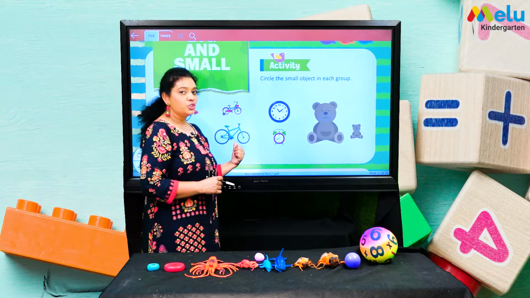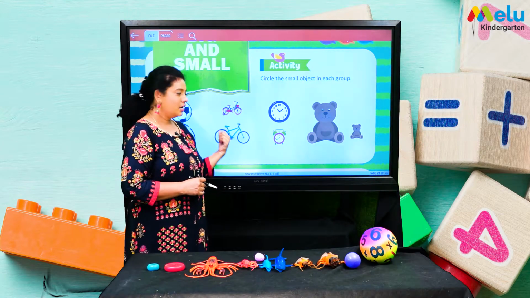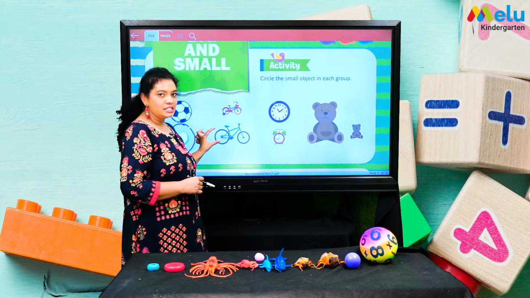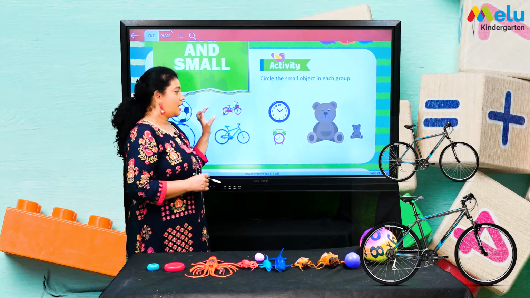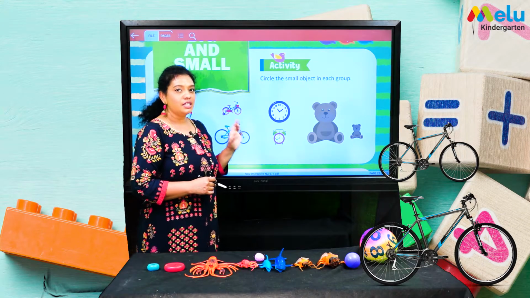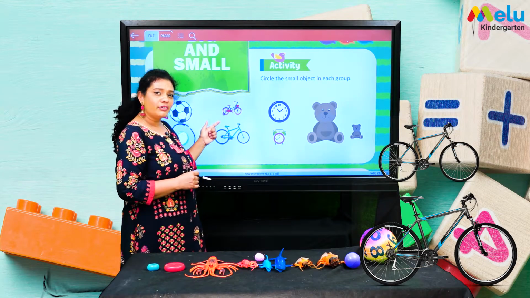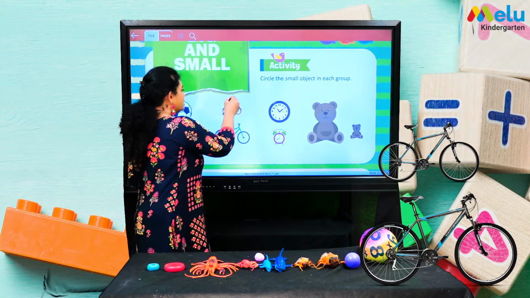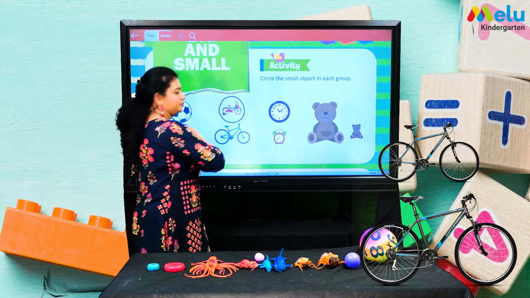And we will move on to next group, which is cycle group. We have 2 cycles and we should compare the size of an object and tell which cycle is small. See, when you compare, which is small, children? Yes, the upper cycle is small. So I am circling it.